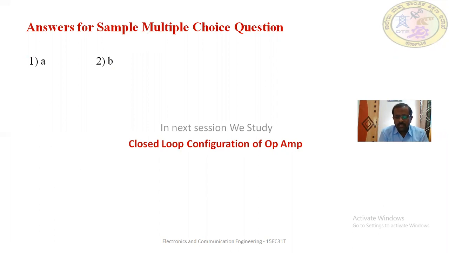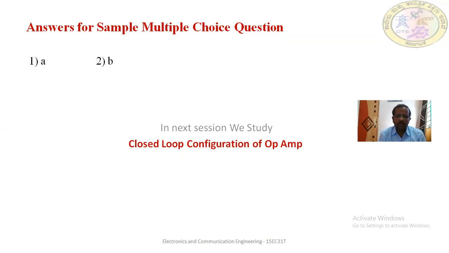In this session, I have explained the sample problems on the operational amplifier parameters and some problems on the open loop configuration. In the next class, we are going to study the closed loop configuration of the operational amplifier.